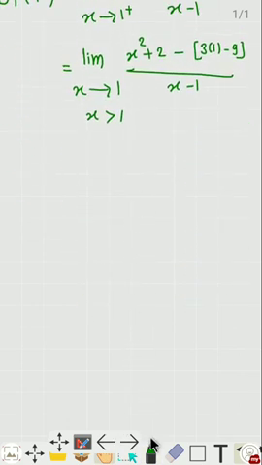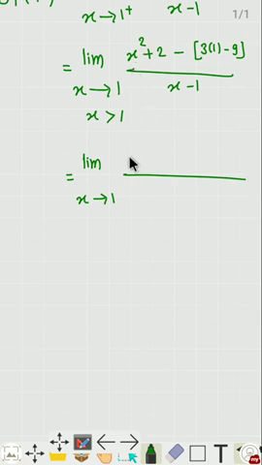Okay, it is equal to limit x tends to 1, here it is x square plus 2 plus 6 whole divided by x minus 1.